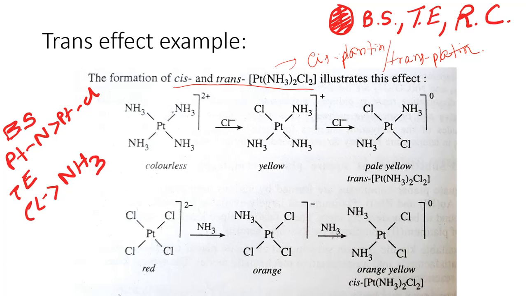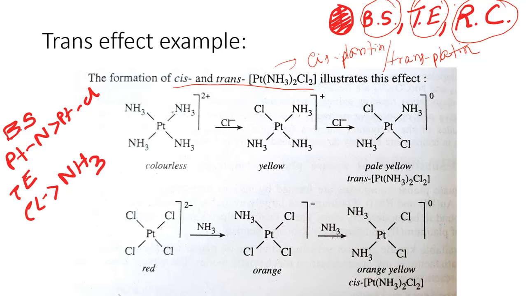Now, whenever we move to examples regarding the trans effect, basically we should remember three things. First one is bond strength. Next is the trans effect, which we have already learned just now. And third one is the reaction condition. So basically these three things we should keep in our mind to do some synthesis, some transformation through the trans effect.